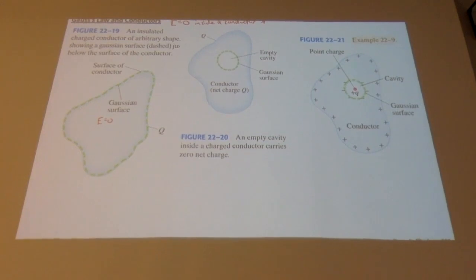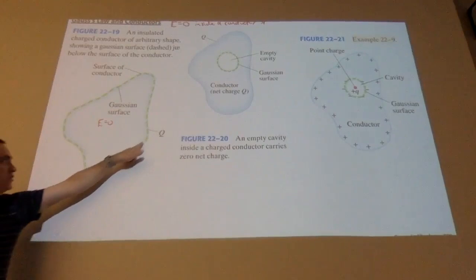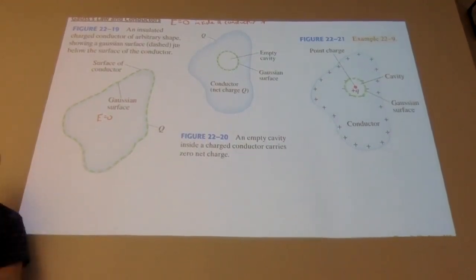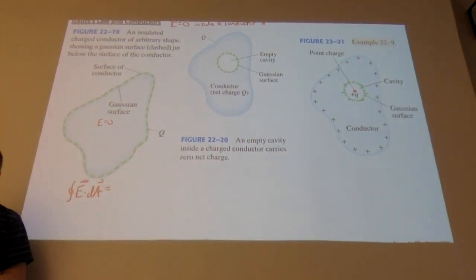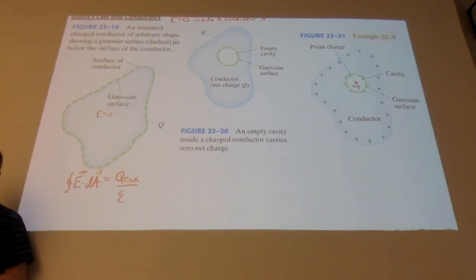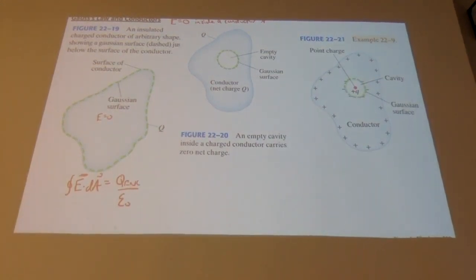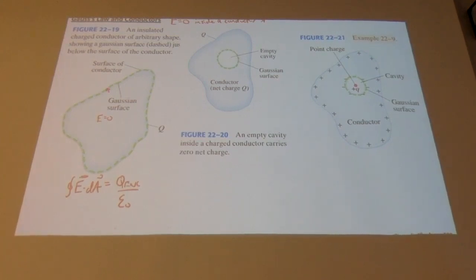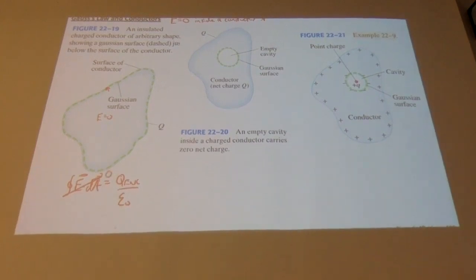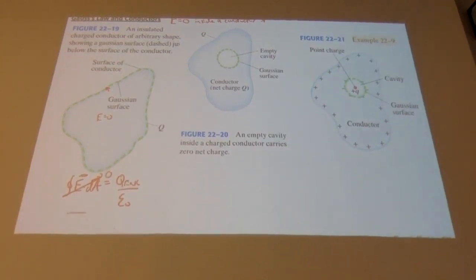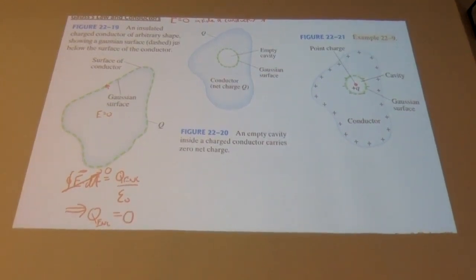So notice they've drawn a Gaussian surface sort of just inside the edge of this conductor, okay? Meaning that when I write out E dot dA for this particular problem, like so, I know that if there's no electric field inside the surface, then there's no electric field passing through my Gaussian surface, which means that this side is 0, which leads to this idea that the charge that I've enclosed has to be 0.